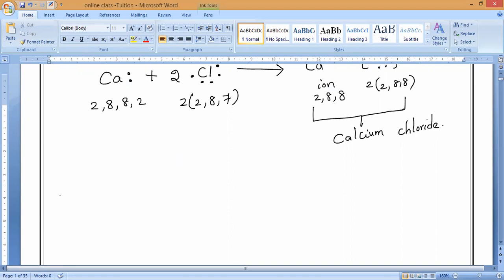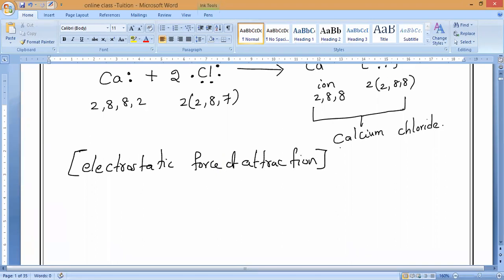They are held together by the electrostatic force of attraction. That is what you have to remember. That is why they are called ionic compounds, and the bond present between them is an ionic bond. You have to remember that.